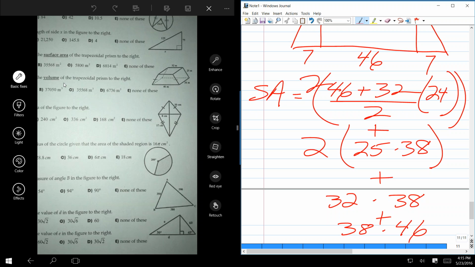So 46 plus 32 divided by 2 times 24 times 38. Very good. I like volume. Volume, especially of a prism, is, like you said, the area of the base, and I like the way you put it: not the height, it's the area of the base times the separation between the two bases.